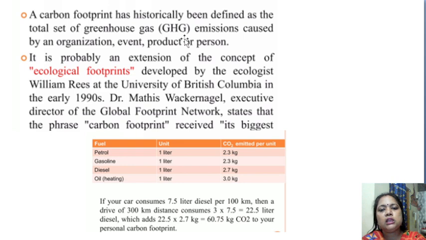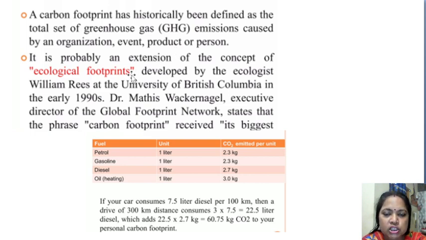All these greenhouse gas emissions are caused not only by an organization, but also by any type of event, product, or even a single person, who also emits carbon dioxide and other greenhouse gases to the atmosphere, isn't it?